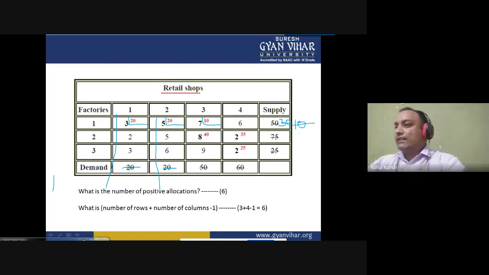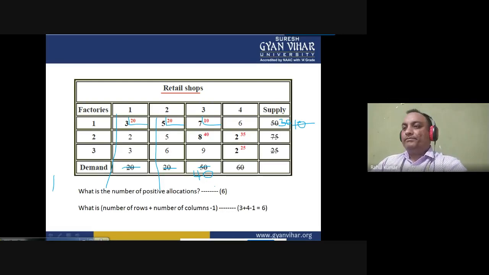Supply and demand are the same here, and this 10 gives 52. This is cancelled out, and the only remaining element is 40.